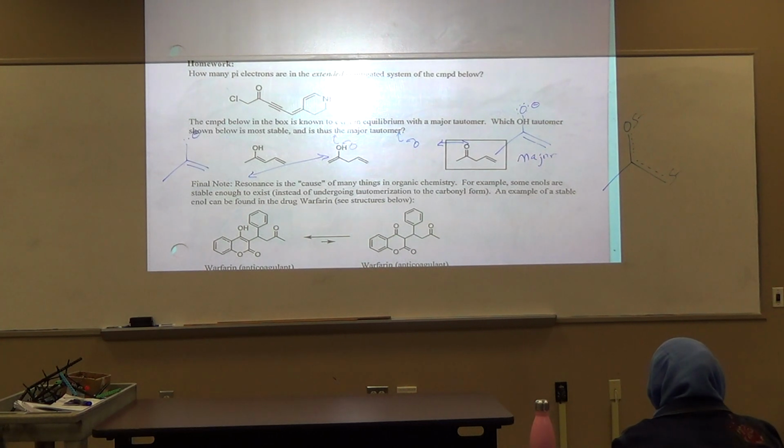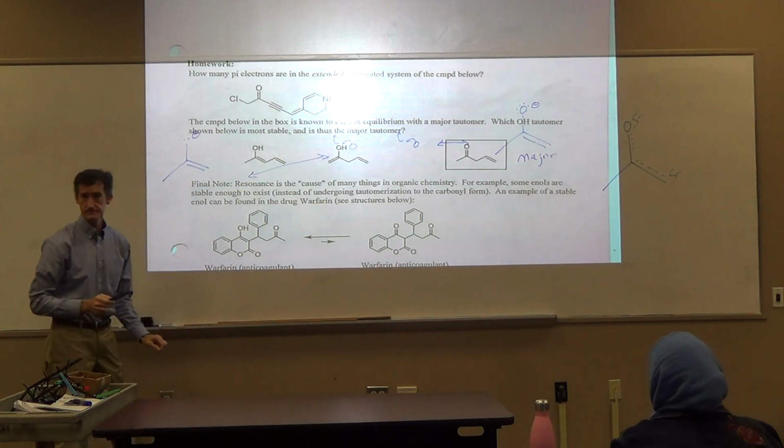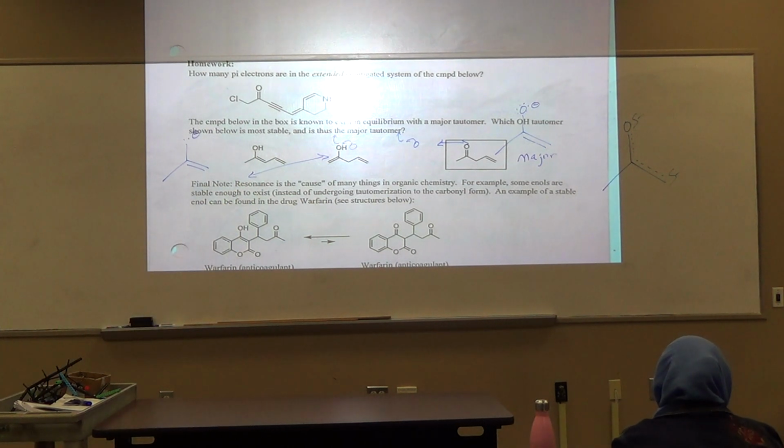That should be quick. I'm not seeing why we're not getting that quick. How many electrons in the pi system over there? You should have been able to answer that week 1 or 2. How many electrons in the pi system here? Why are we not seeing that, guys?